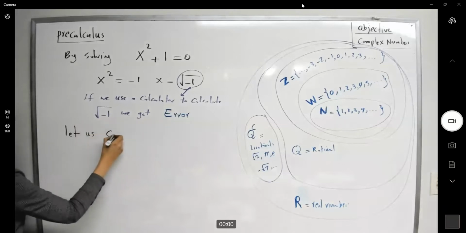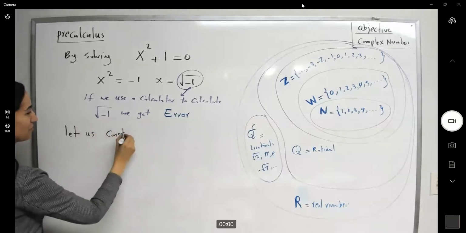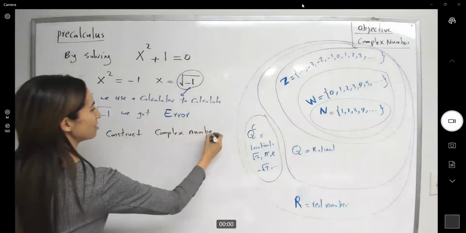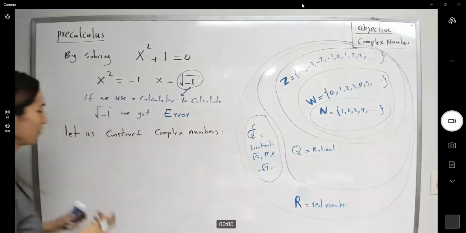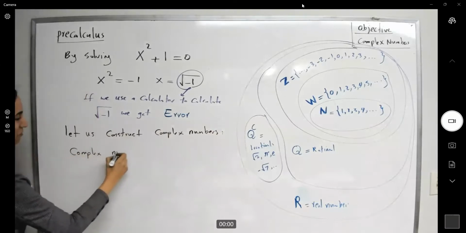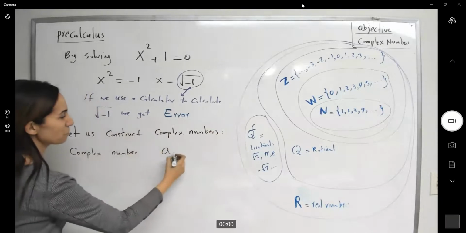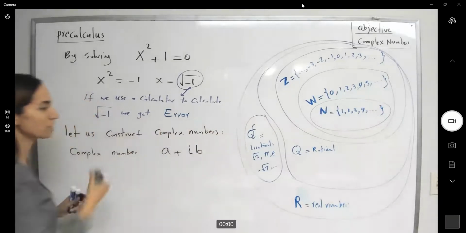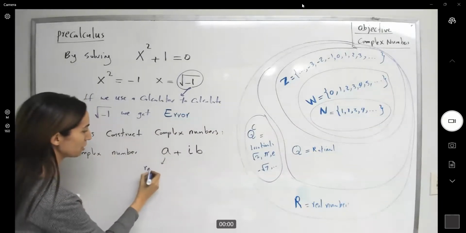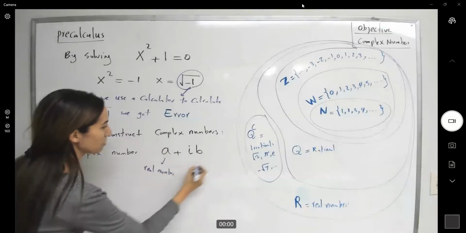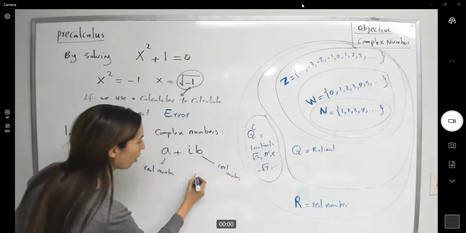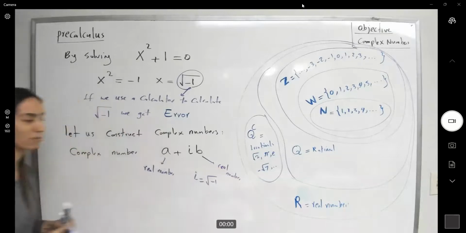Let us construct complex numbers. So what do we do? We're going to say that a complex number is written this way: a plus i times b, where a is a real number, b is a real number, and i is defined as the square root of -1.